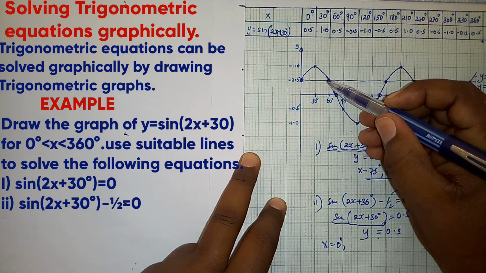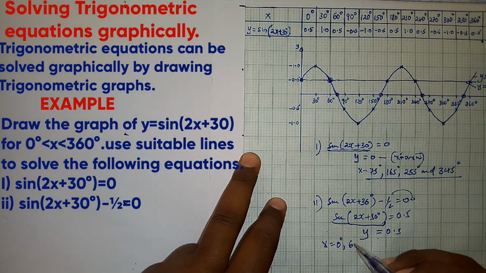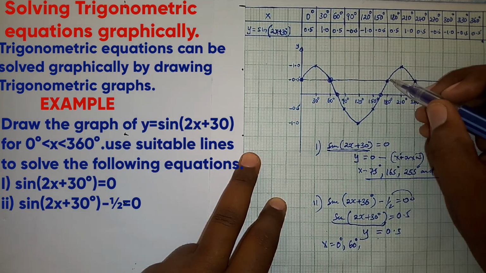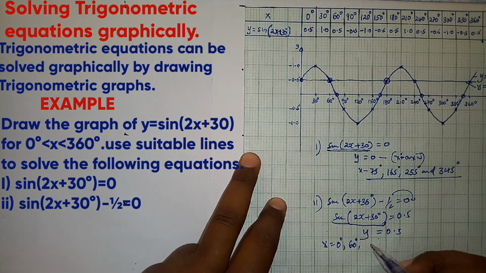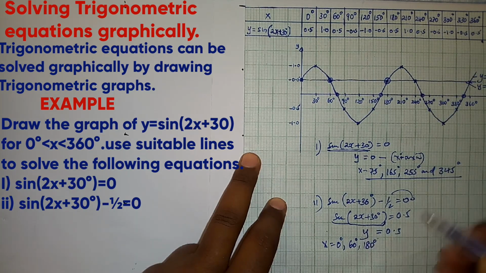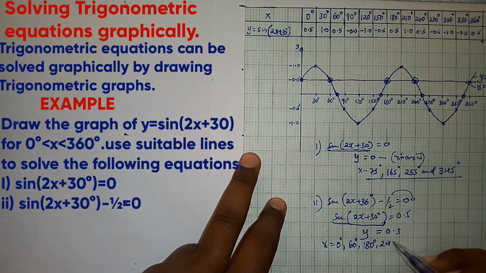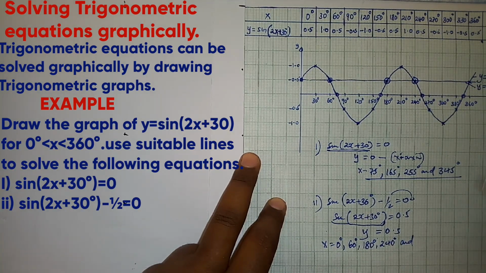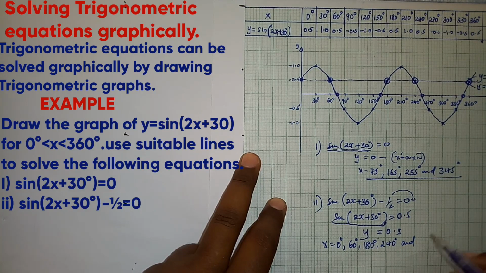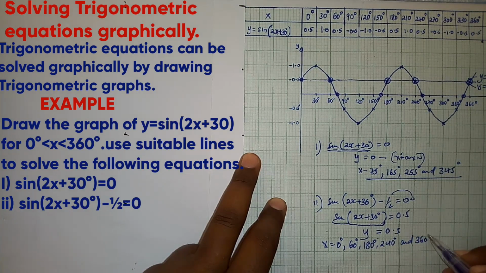It also cuts here, which is 60 degrees. We also have this point, which is 180 degrees. We also have this point, which is 240 degrees. And finally, we have this point, which is 360 degrees.